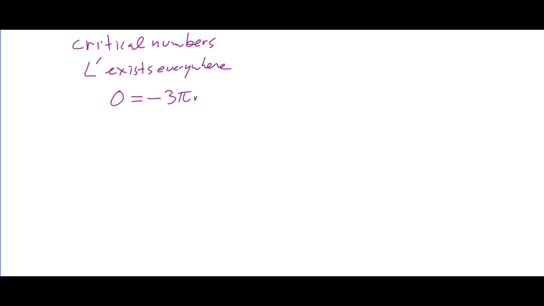So critical numbers. L prime exists everywhere, right? There's no radicals, there's no denominator. So we want 0 to equal negative 3 pi r minus 8r plus 2k. And we want to solve this for r, right?